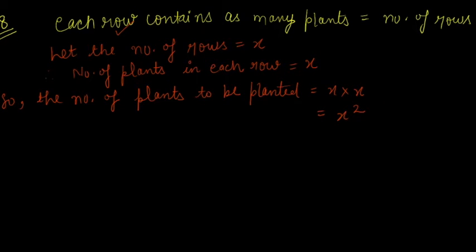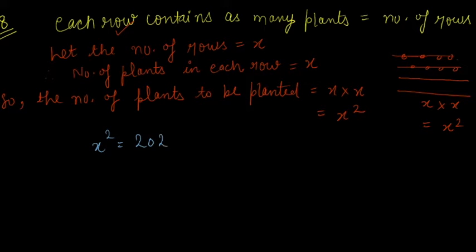So if you have x number of rows, and each row is having x plants, and you want to calculate the total number of plants, you will multiply the number of rows with the number of plants in each row, which gives you x square. Now it has been already given in the question that the total number of plants planted is 2025. So again I can equate it, x square is equal to 2025.